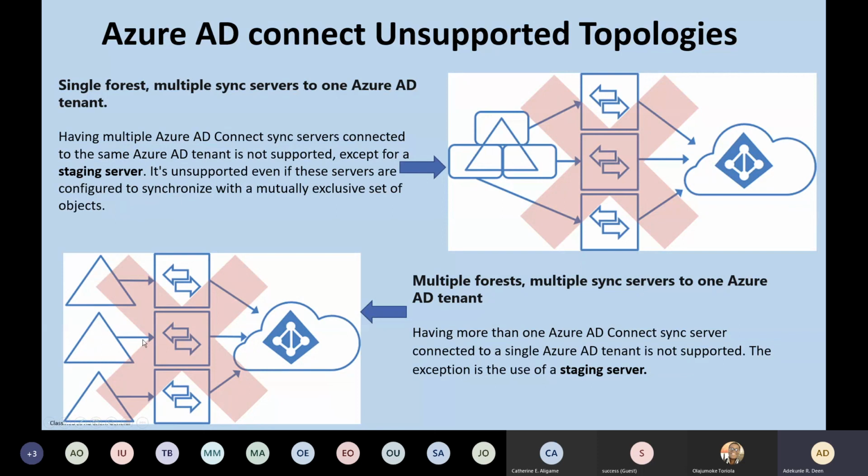Also, this is not supported: you cannot have multiple forests, each with their own sync agent, that's AD Connect, syncing to just one Azure AD tenant. What you'd rather have is a staging server that just does listening, it doesn't sync, while you have just one that does the syncing, which is supported also.